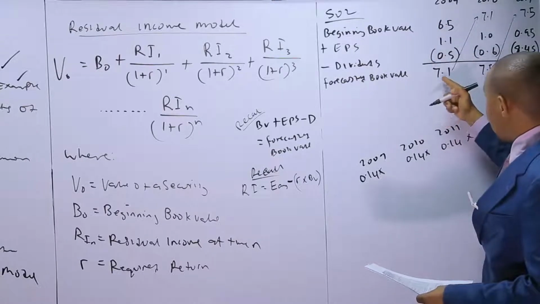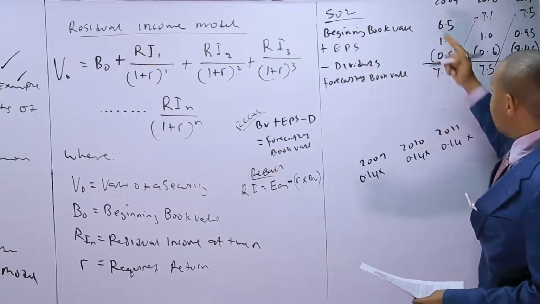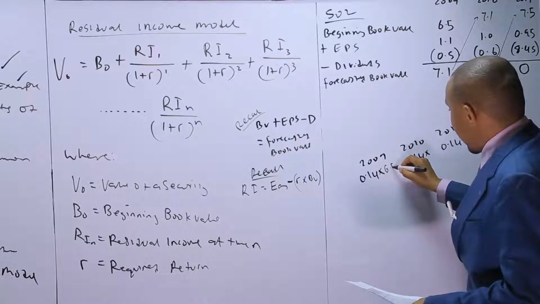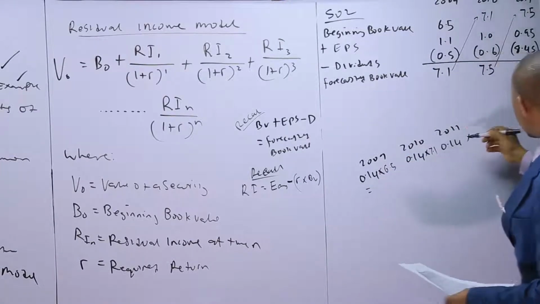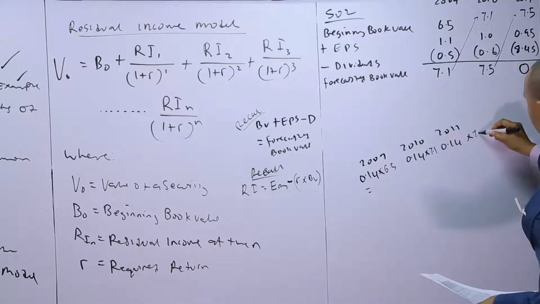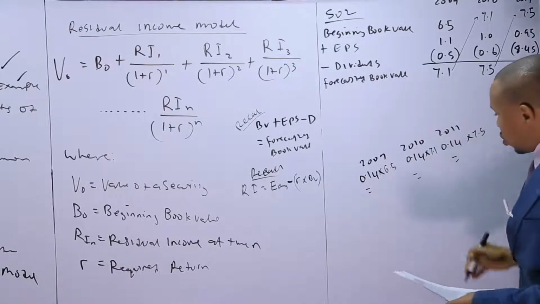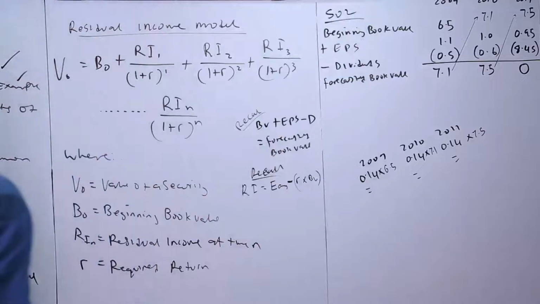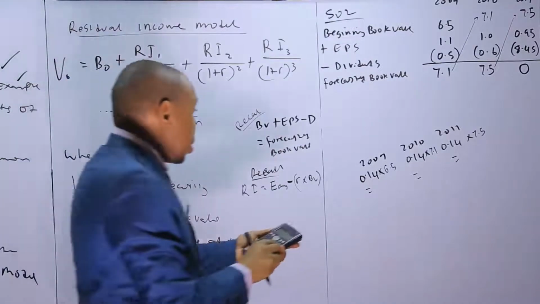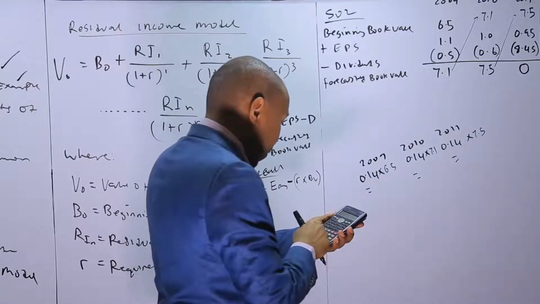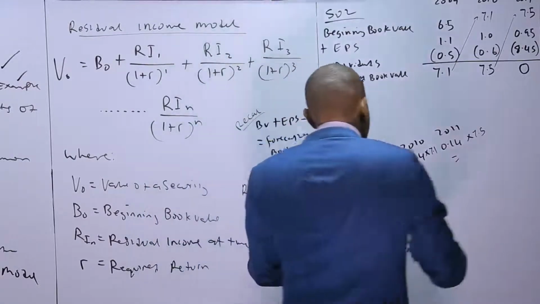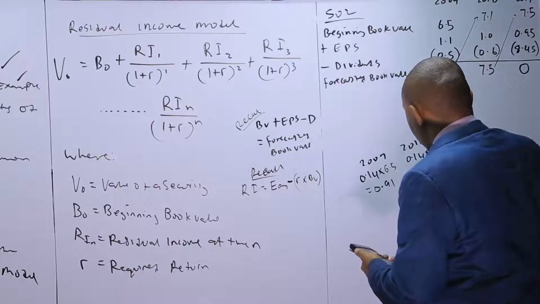In 2009, not this value, but we will be getting the beginning book value times 6.5. This one times 7.1. This one times 7.5, like that. So how much do we get there? Very quickly, we have 0.14 multiplied by 6.5, we have 0.91 for 2009.